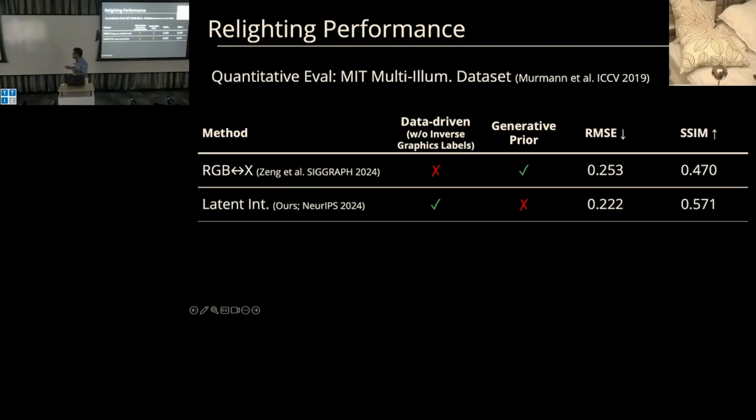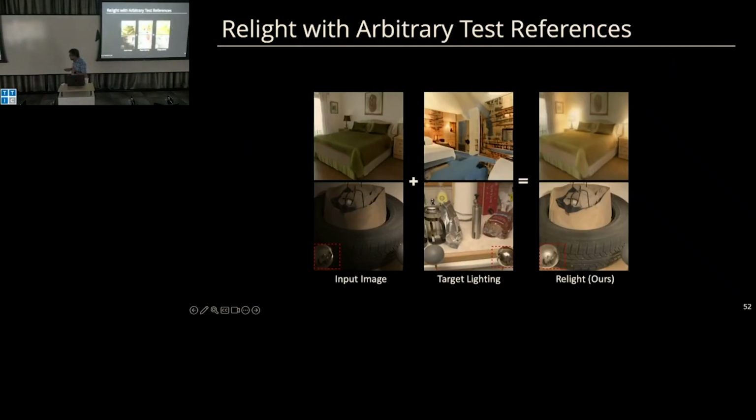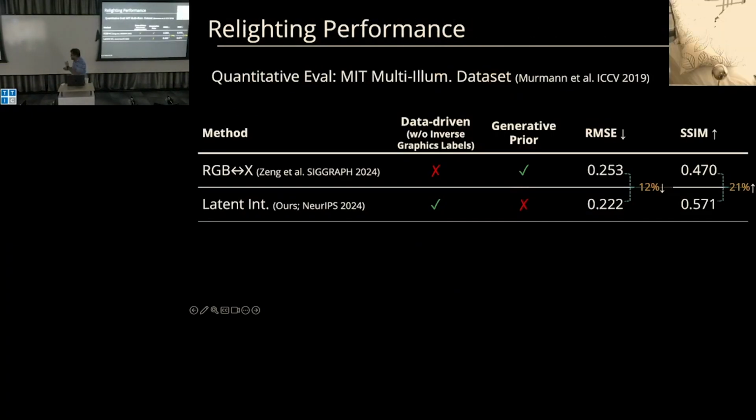Here are root mean square error and a structural similarity metric. For root mean square error, lower is better, and for structural similarity, higher is better. If we use our latent intrinsic approach, we improve the root mean square error by 12% and SSIM by 21%, a significant margin.